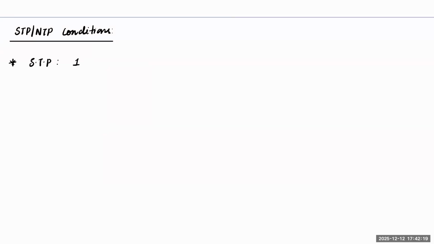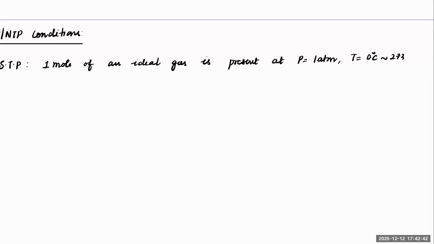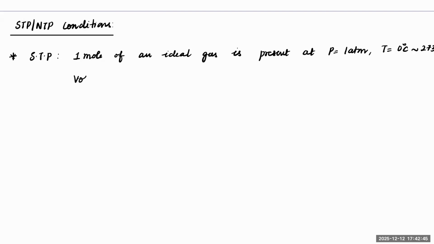STP is used when 1 mole of an ideal gas is present at pressure of 1 atm, temperature of 0 degrees Celsius or 273 kelvins, then volume occupied by the gas is 22.4 liters.